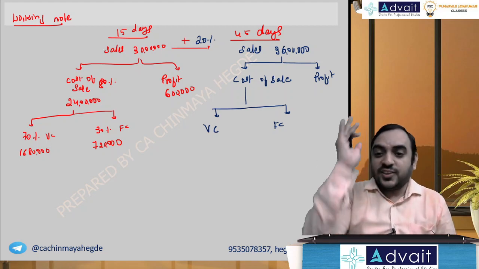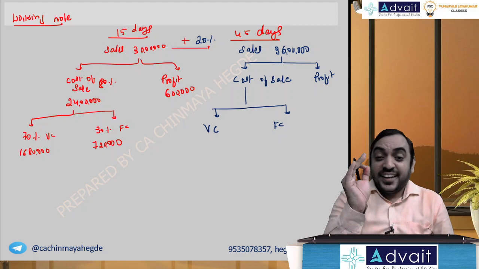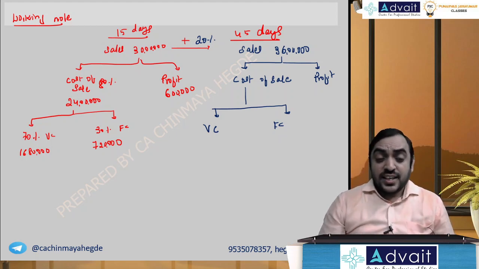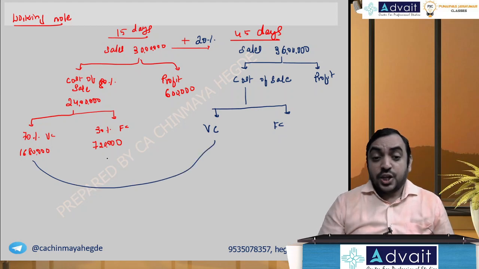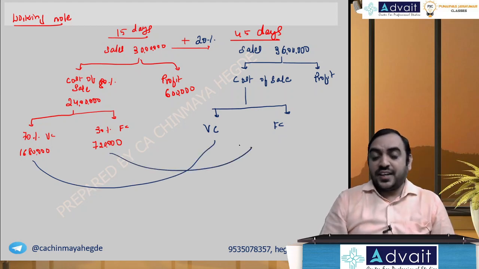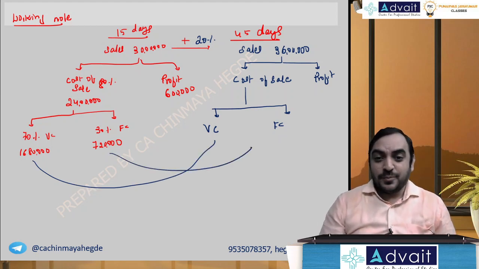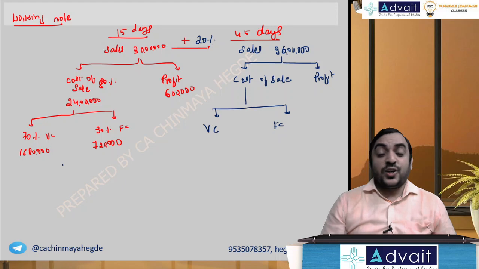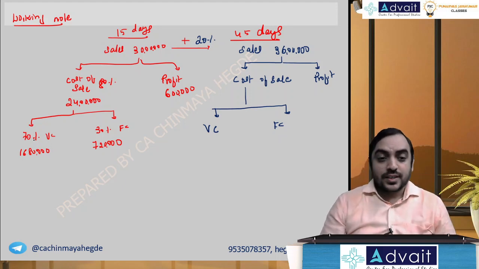It is not 28 lakh 80,000. It is not 36 lakh into 80%, because this variable cost will increase. Fixed cost will not increase, my dear friends. Let me show you that calculation part. You can't simply take the same percentage. The percentage will not remain the same. That is the catch here. So here we have 16 lakh 80,000.